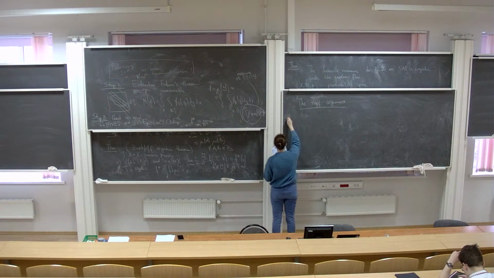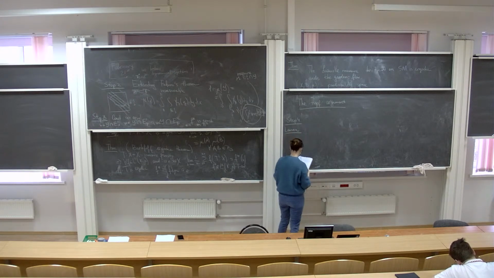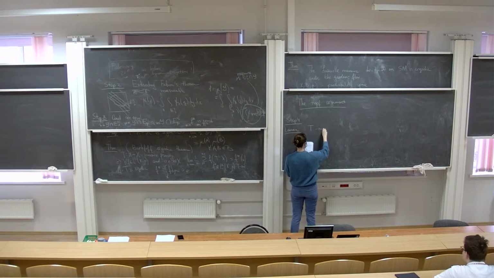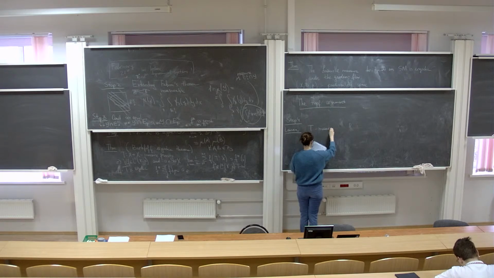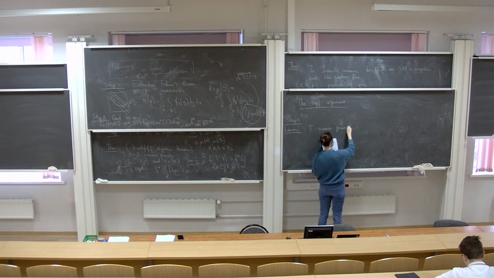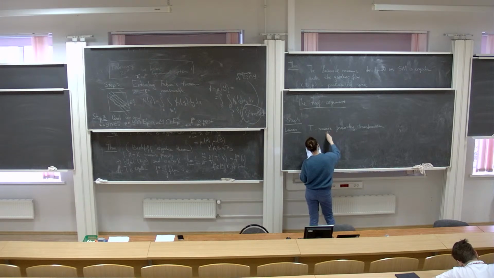So step 4, it's the very last technical detail. So we check the following lemma. We say that we have a measure preserving transformation of a probability space.